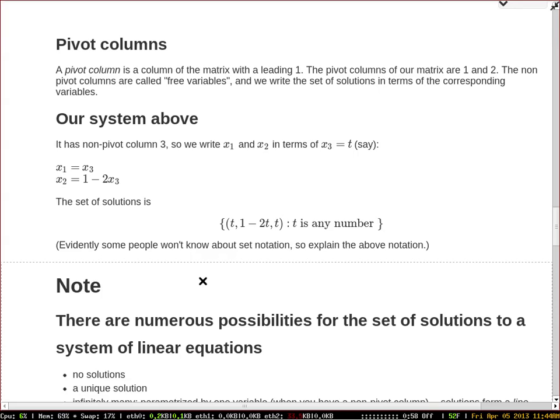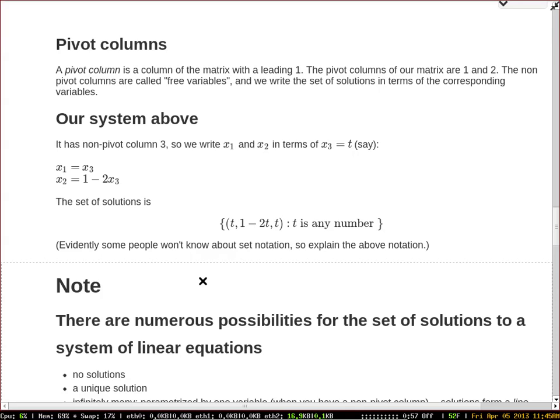The pivot columns are the columns that contain one of these leading ones. So that's a definition. Pivot columns contain a leading one.